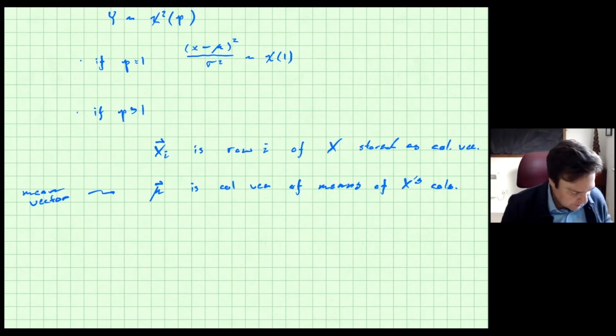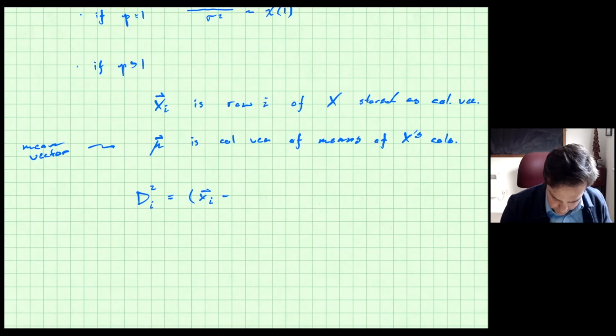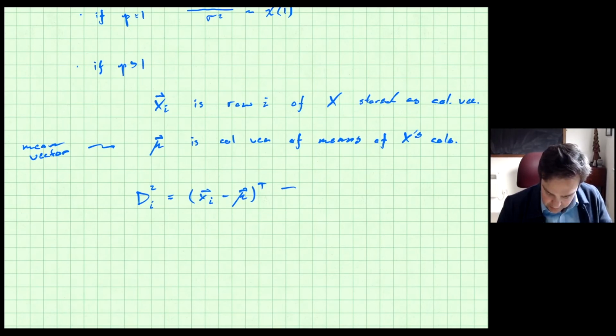Okay. And then the thing that we want to construct, the thing that should have a chi-squared distribution with p degrees of freedom, is the following. We'll make this d sub i, where i is the row of the data matrix. So there's one for every row of the data matrix, and it looks like this. It's x_i minus the mean vector, transposed, times the inverse of the covariance matrix.